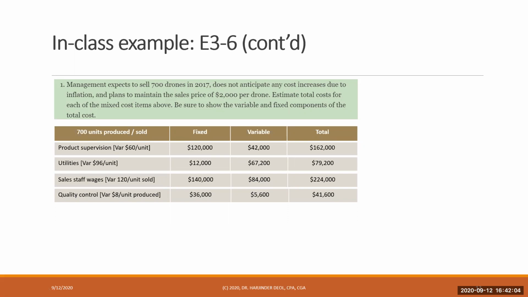So 350 units inspected times $16 of inspection cost per unit will still work out to $5,600. Either way, you arrive at the same answer.